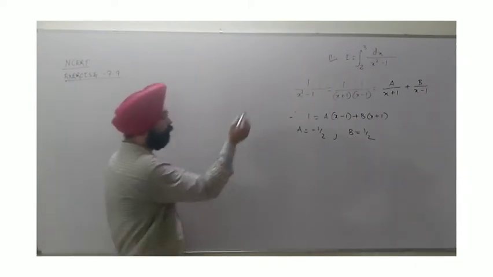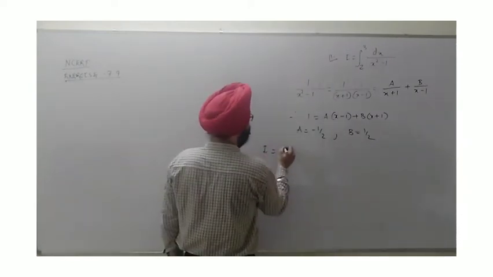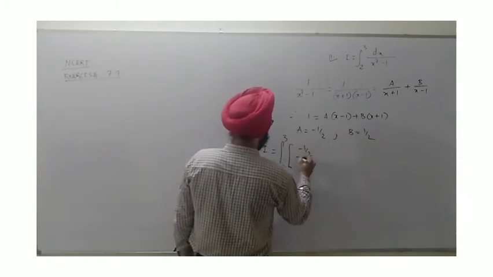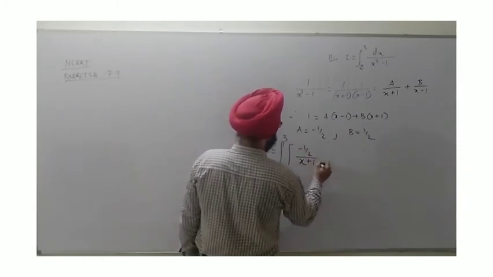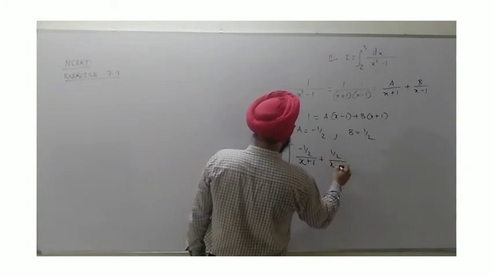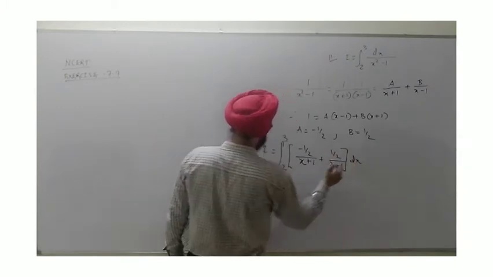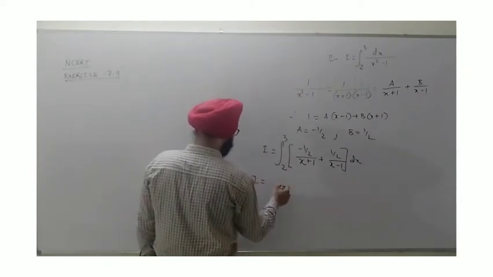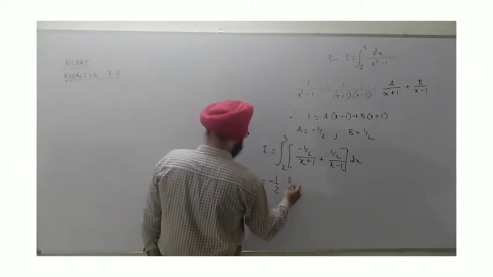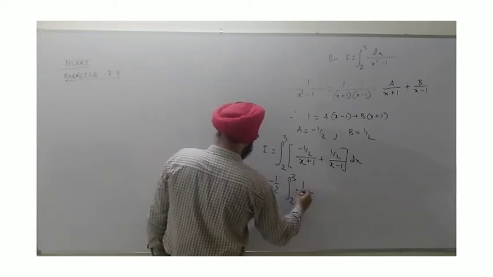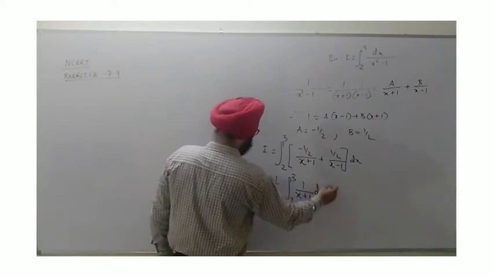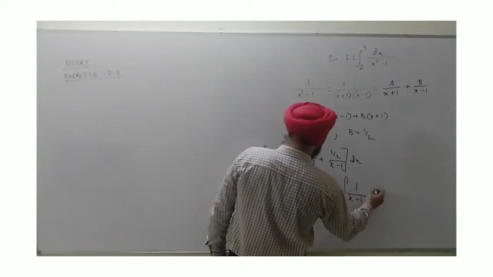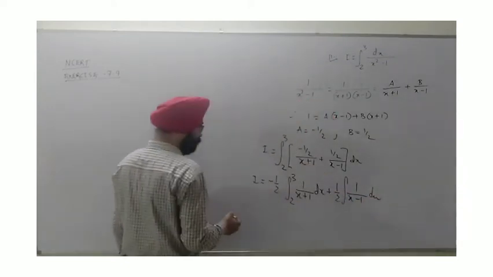This way we can split the given integral from 2 to 3 as minus 1 by 2 times 1 upon x plus 1, plus 1 by 2 times 1 upon x minus 1, dx. These can be opened and directly integrated as minus 1 upon 2, from 2 to 3, 1 upon x plus 1 dx, plus 1 upon 2, 1 upon x minus 1 dx.